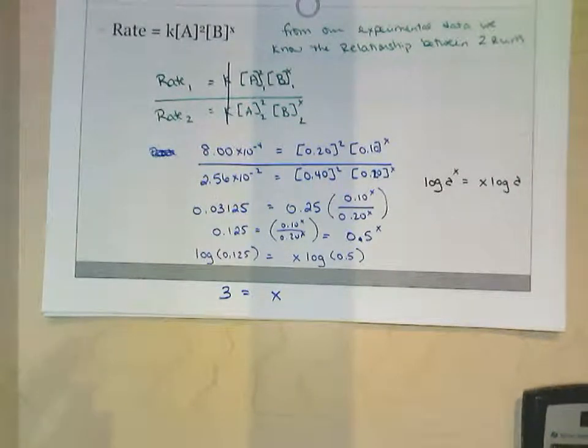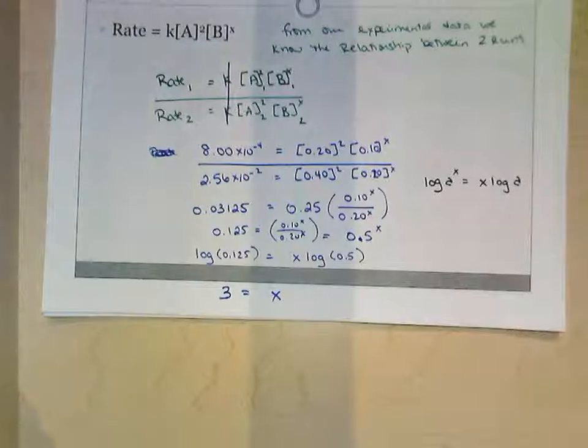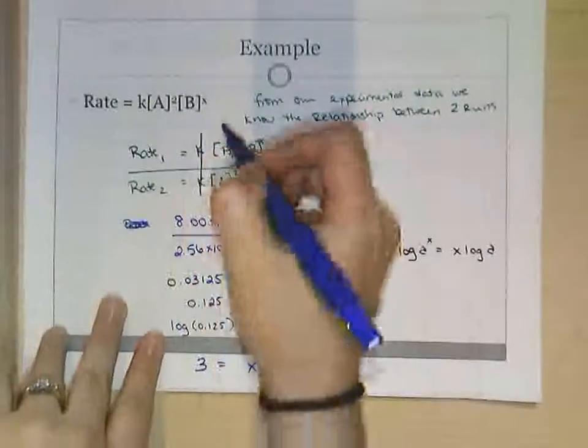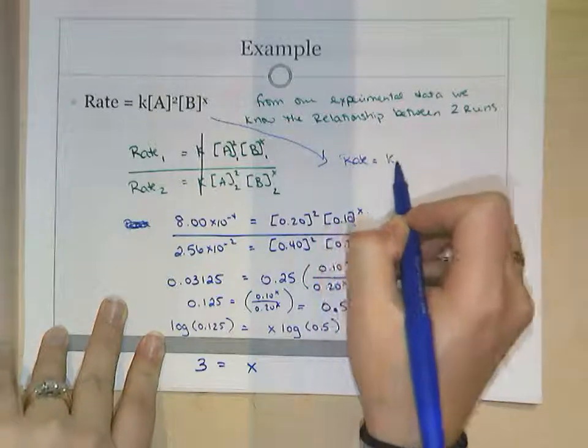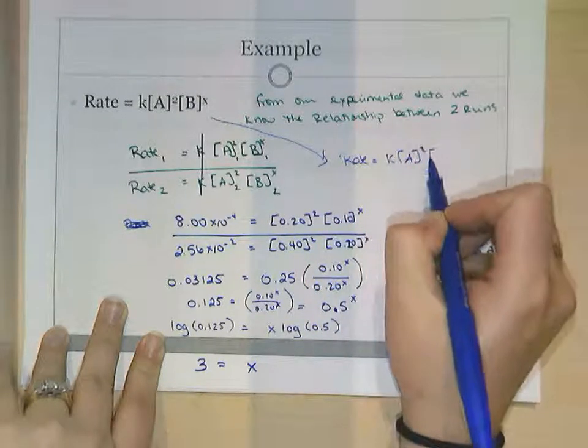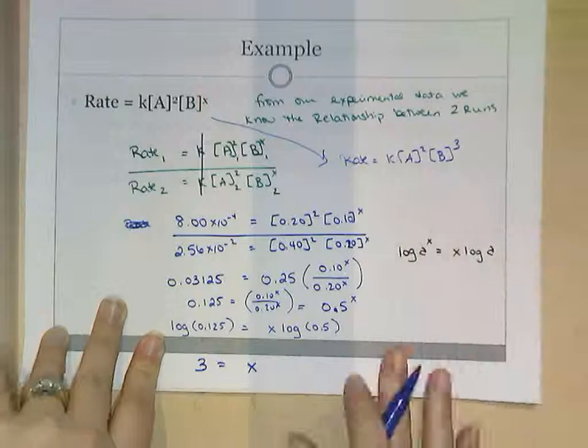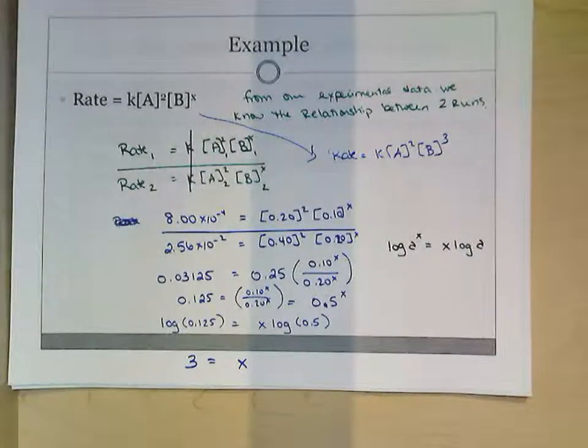Awesome. So now I want to finish writing my rate equation. It's not terrible, right? Mostly just some algebra, moving things around. Tedious. I didn't say it wasn't tedious, but yeah.